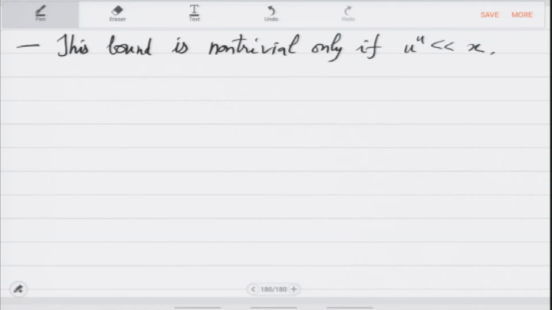Otherwise, x over u raised to u will become 1 or less, which won't make much sense. But if u raised to u is much smaller, then x over u raised to u is a decent quantity, so that's a good lower bound. And for that to happen, y should not be too small.